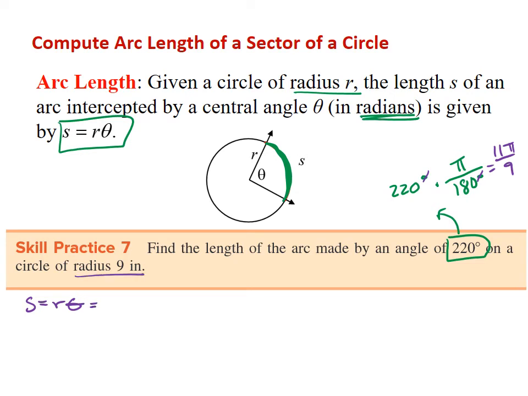The radius in our case is 9. Theta is 11 pi over 9. Since I'm multiplying, the 9's can cancel, and I'm left with 11 pi. I can multiply these together and find this measure in inches. Since this is a length, it's measured in inches, it'll be approximately 34.6 inches.